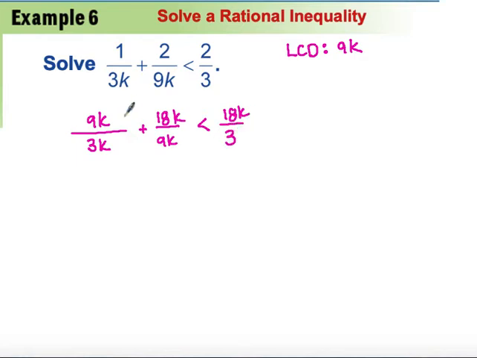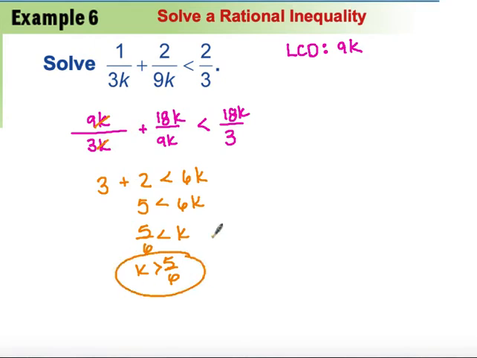Okay, so I will simplify. 9k divided by 3k is simply going to be 3, plus 2 is less than 6k. So 3 plus 2 is 5, less than 6k. I'll solve that, and I'll get that k is greater than 5/6.